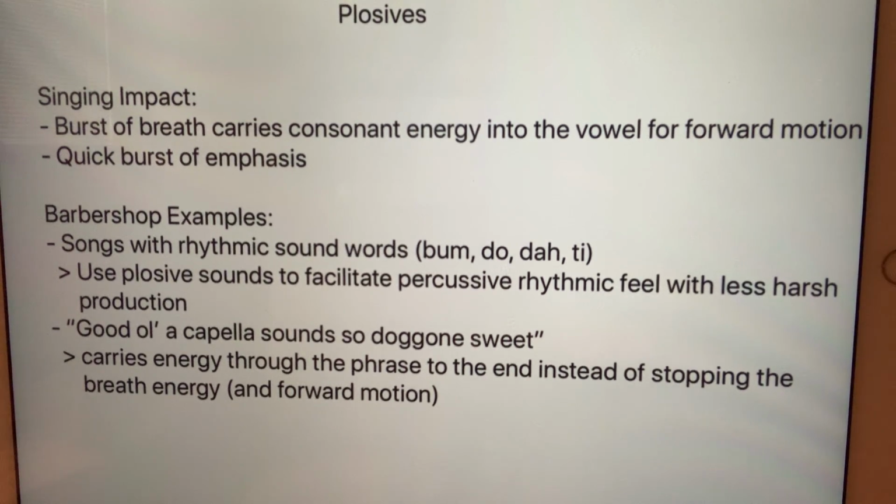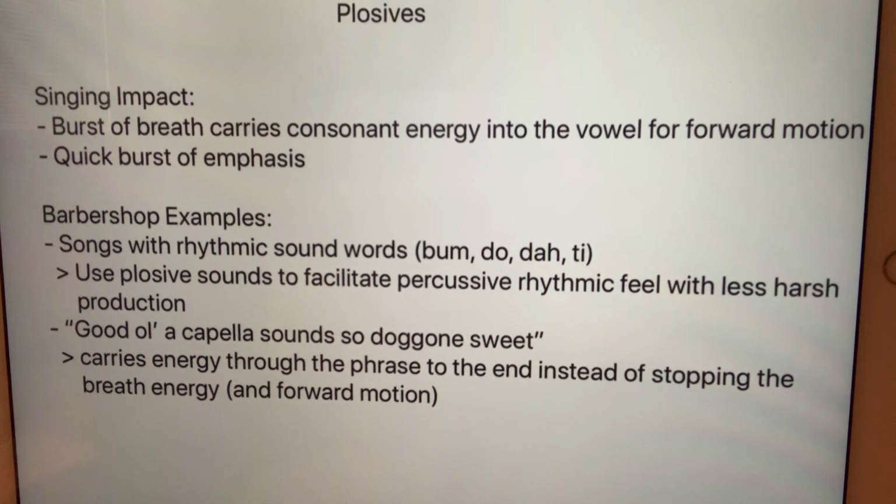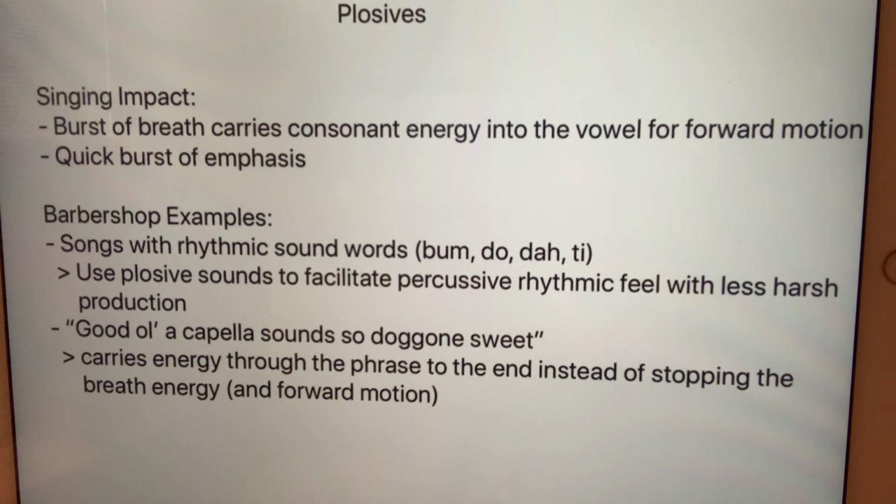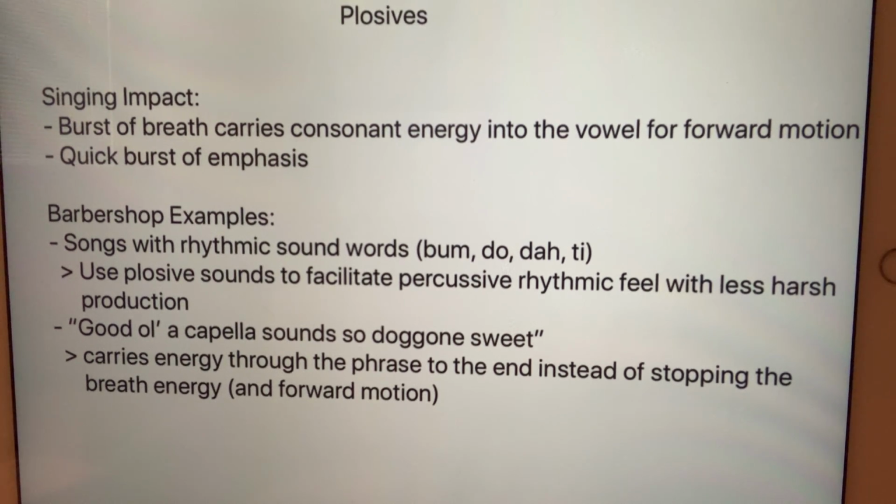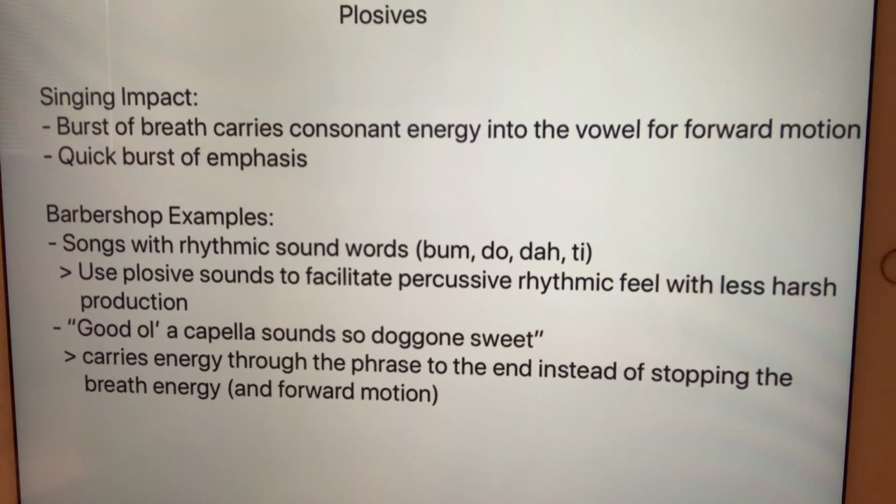And these plosive sounds facilitate that percussive rhythmic feel for us to keep that forward motion, keep that beat within the song. So a lot of times, especially when our basses are doing the bum-bums and doo-wahs, you can add your emphasis to the plosive at the beginning, and it will help you stay in the tempo a little bit better.